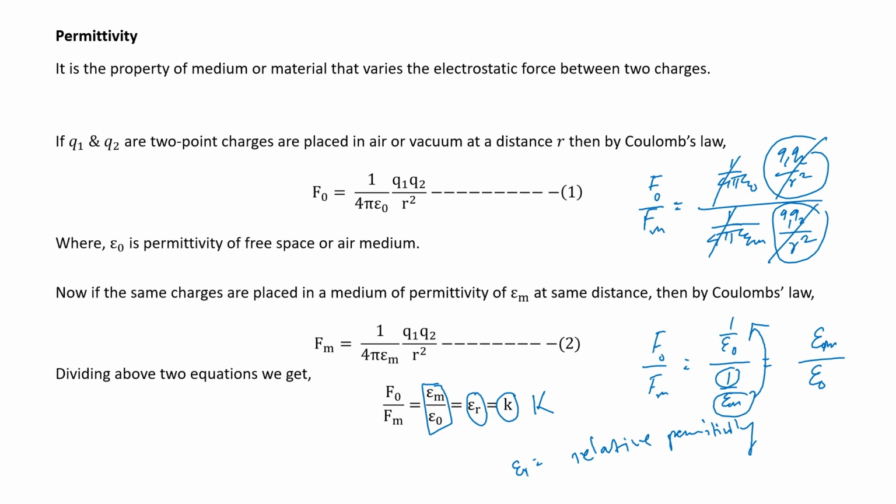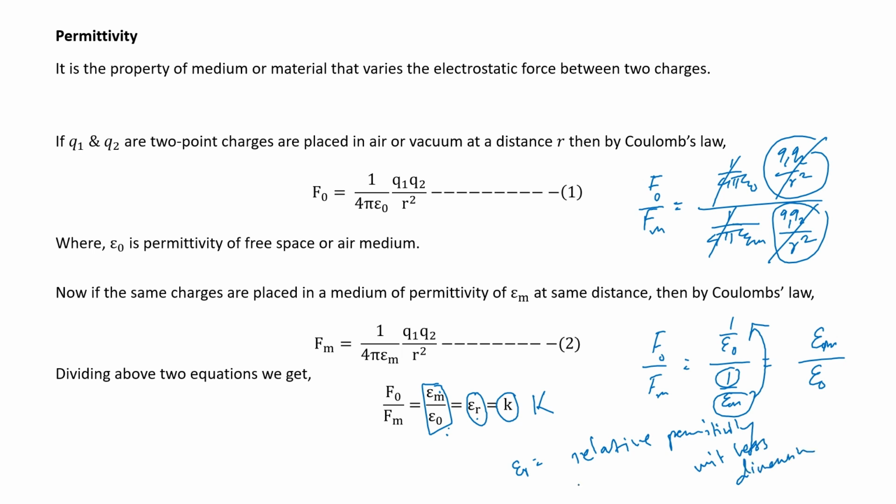What is relative? Relative means we usually relate something with a standard value. So we are relating epsilon m divided by epsilon naught, comparing the epsilon m value with the standard medium value, and that is what we call relation. This ratio is always unitless or dimensionless.